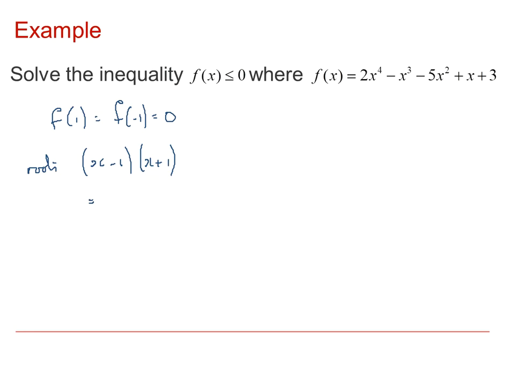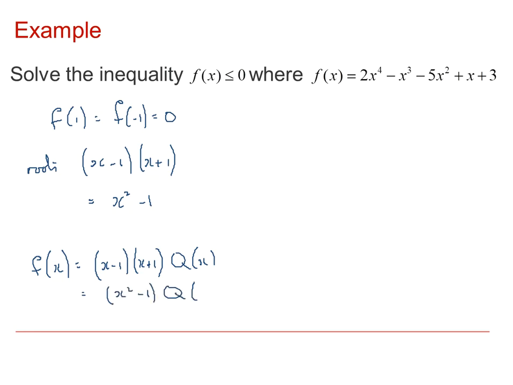These form a quadratic factor x squared minus 1, the difference of two squares. So f of x can be written as x minus 1, x plus 1 multiplied by some quadratic factor, which is x squared minus 1 multiplied by a quadratic.